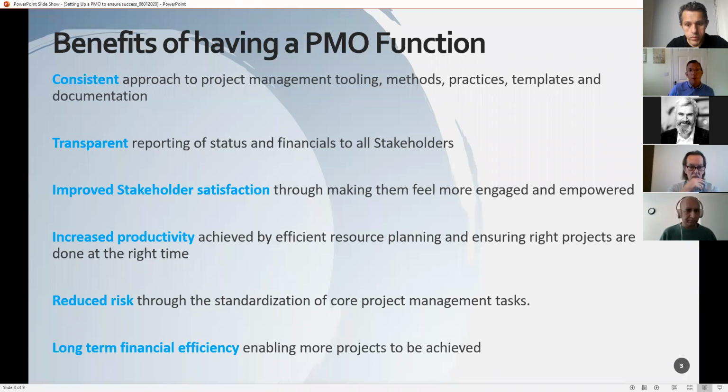So further on, benefits of having a PMO function. These are just some of the benefits that we see for a good PMO function, starting with a consistent approach to project management tooling, methods, practices, templates, and documentation. When people talk about tools, I think they get a little bit concerned when we look at PMOs and tooling and think we have to go out and buy some big fancy, off-the-shelf tooling that does everything. Not necessary.